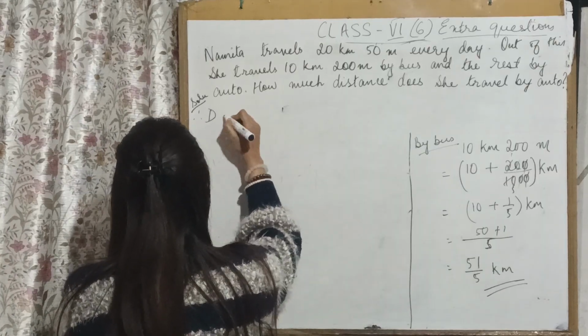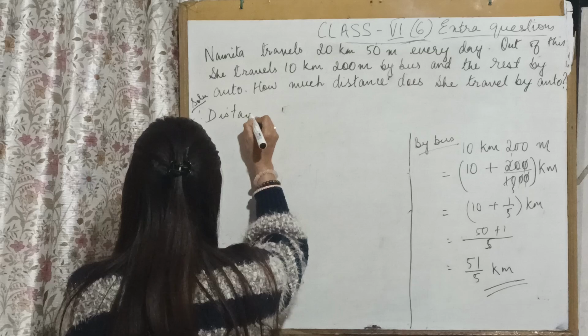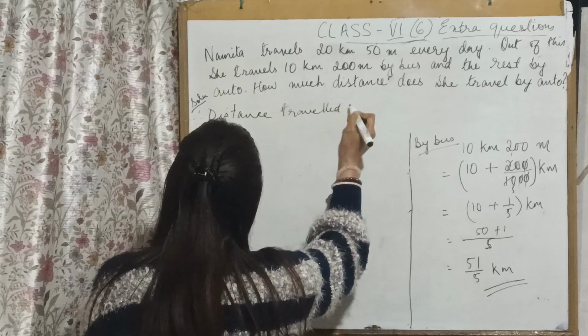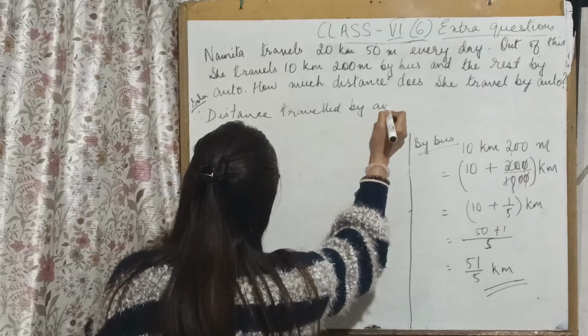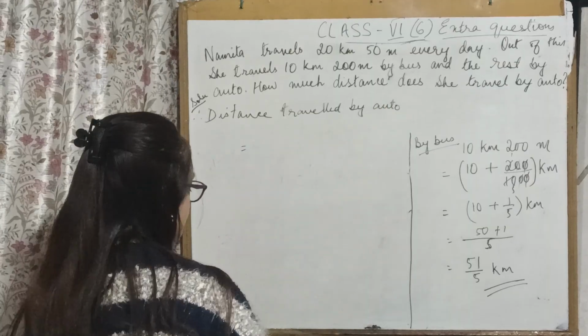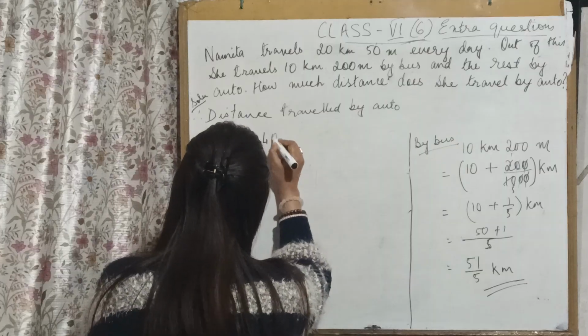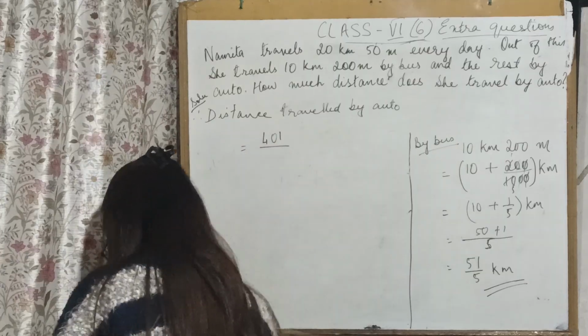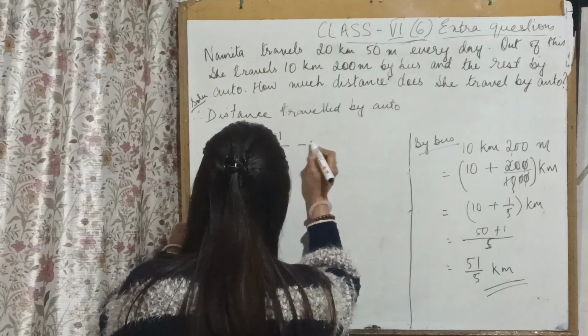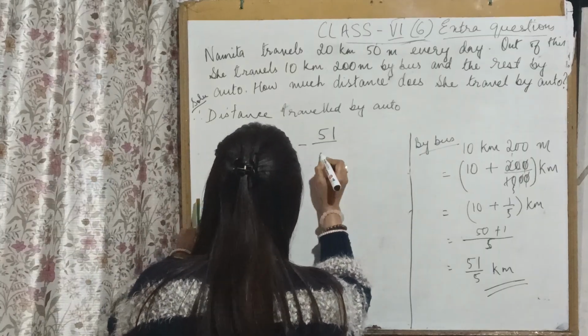Therefore, distance traveled by auto is equal to 401 by 20 minus 51 by 5.